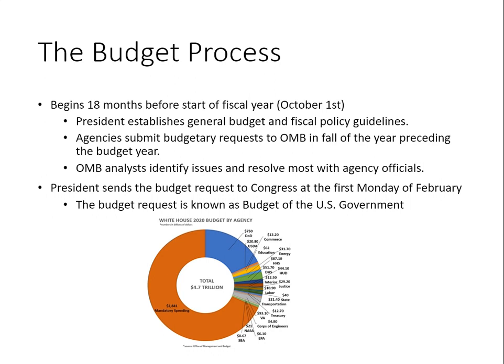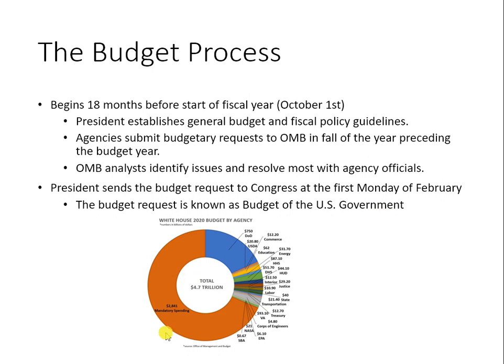Then OMB is going to identify issues and resolve most of those issues with the agency officials. Then the President is going to send the budget request to Congress on the first Monday of February. This budget request is also known as the budget of the U.S. government.